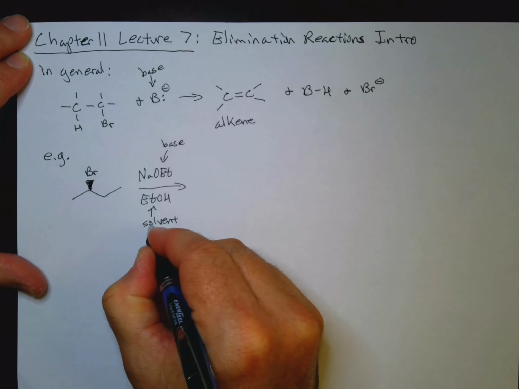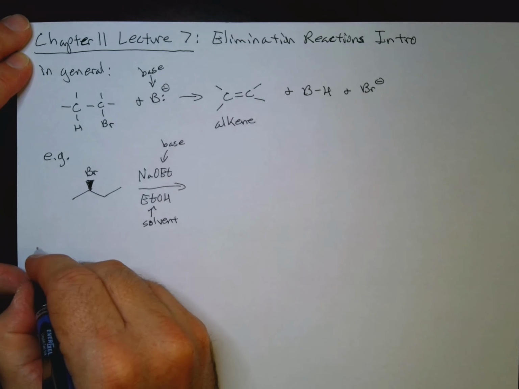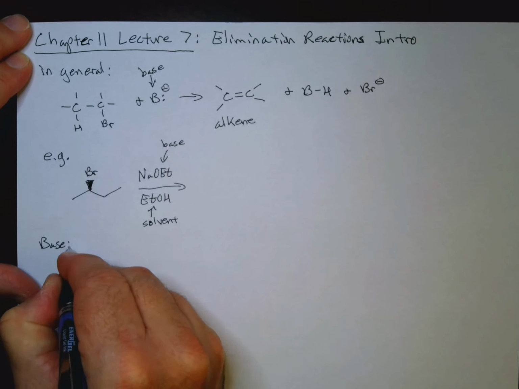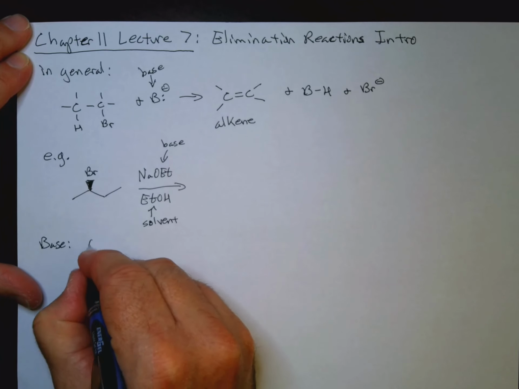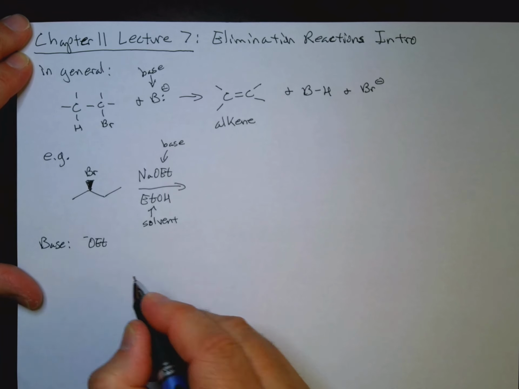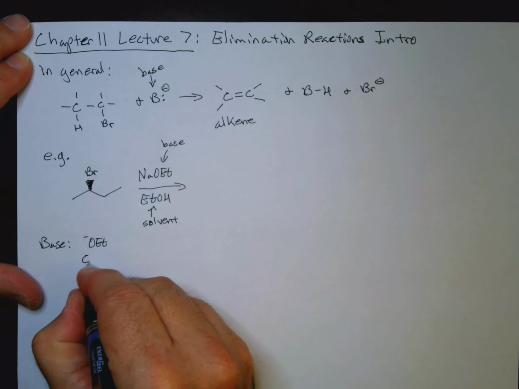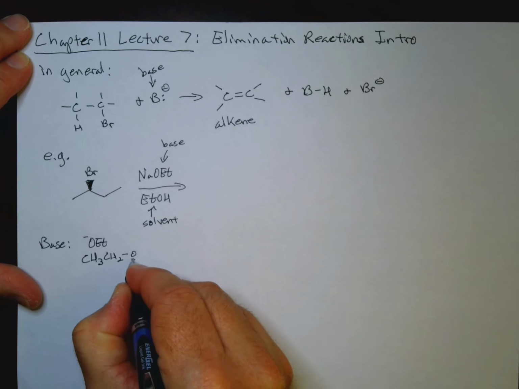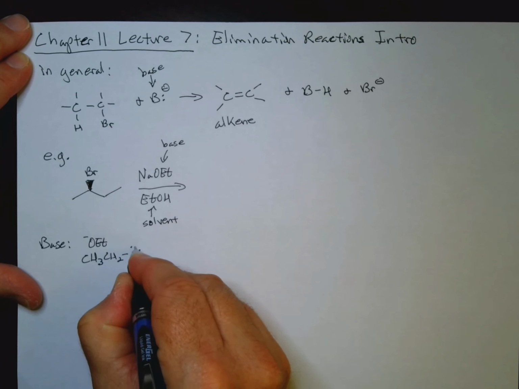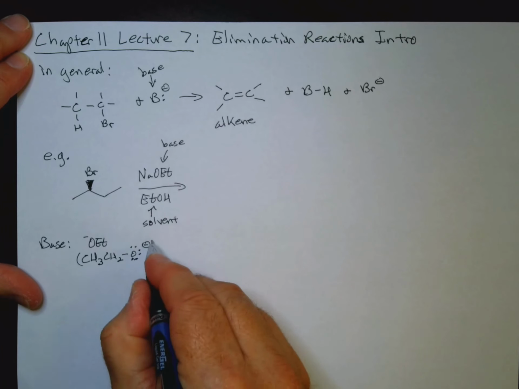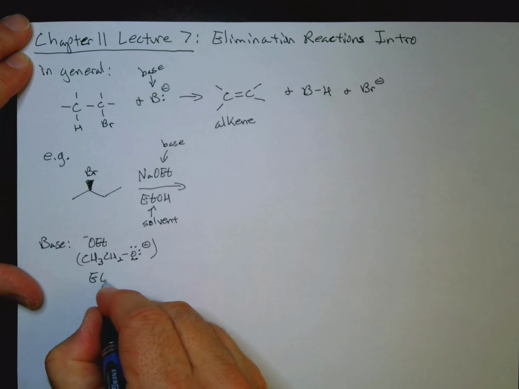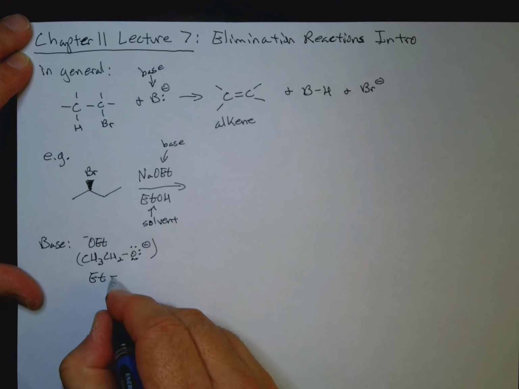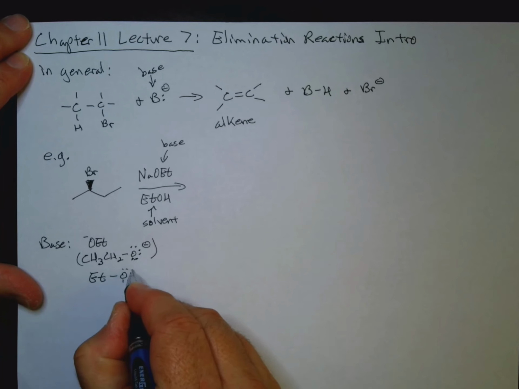You want these two to match. So our base here is OEt minus, which is CH3CH2O minus, or you could just abbreviate it as Et. The CH3CH2 is Et.